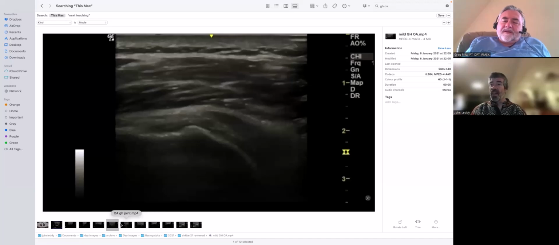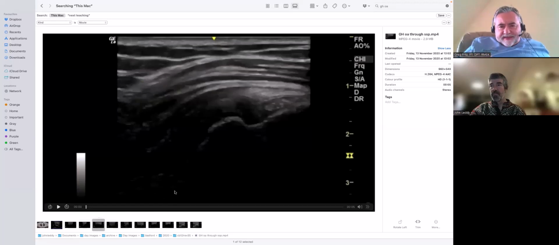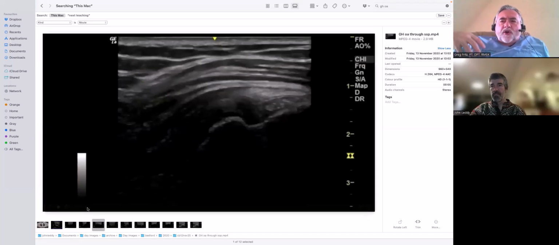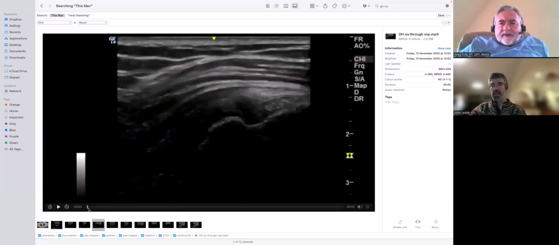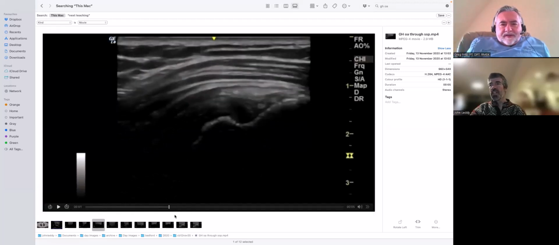Then I started picking up that actually sometimes the early OA is most evident at that point on ultrasound, and it's evident in that you'll see the bony osteophyte, or at least that little beluga whale hump. Yeah, just a little change.